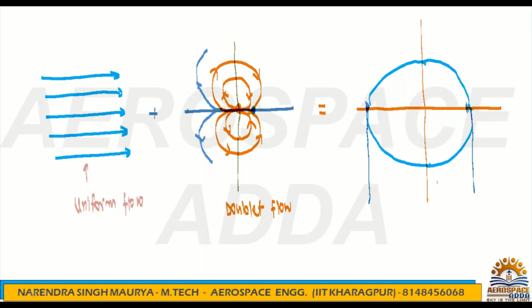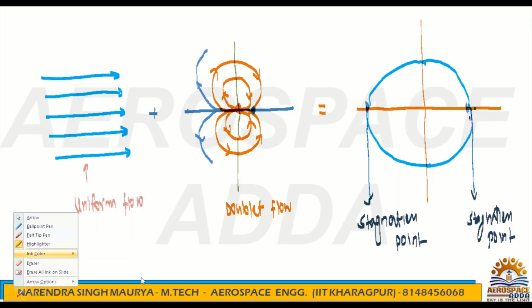So this is one stagnation point, and here also we have one stagnation point.